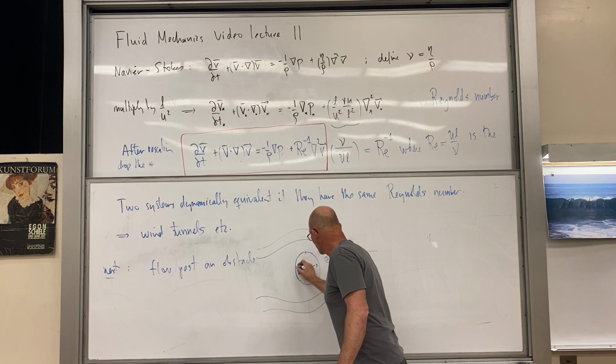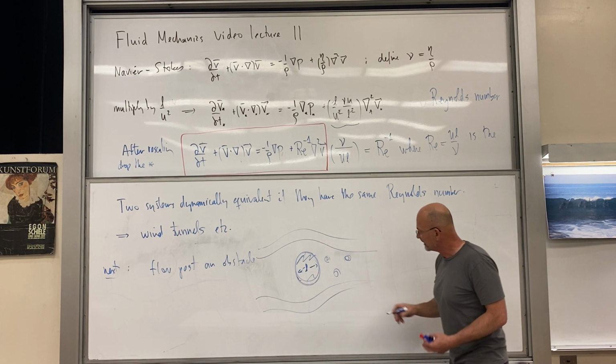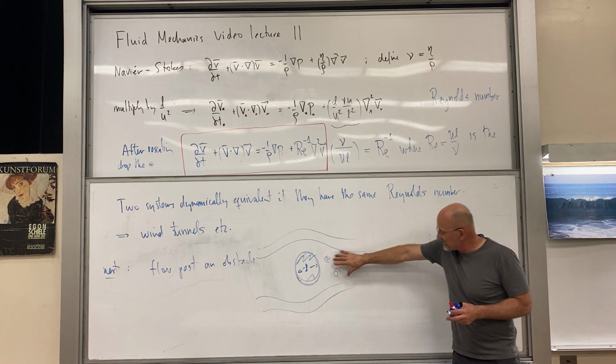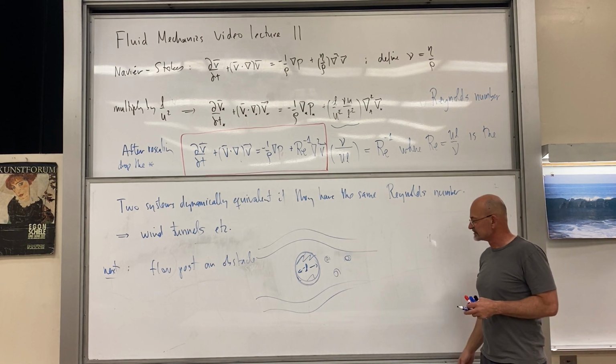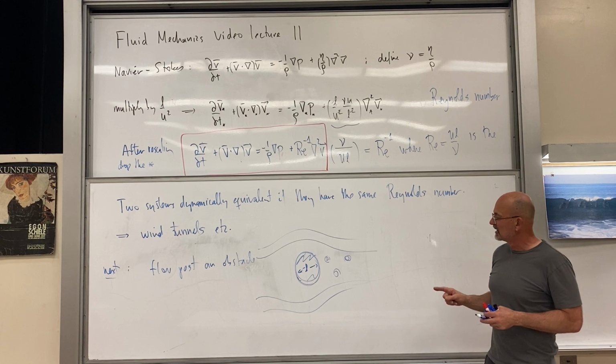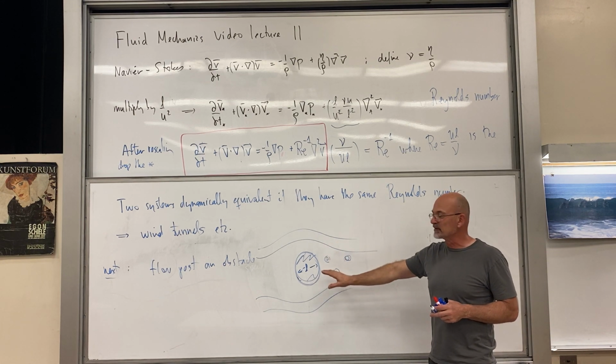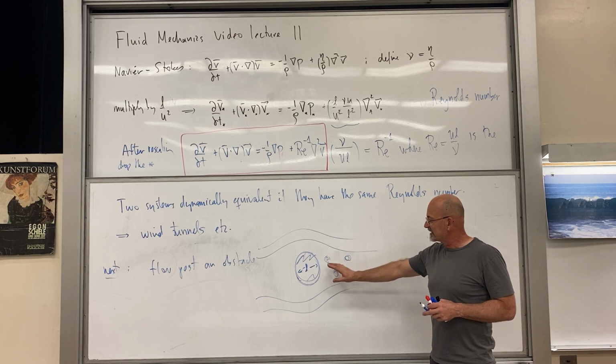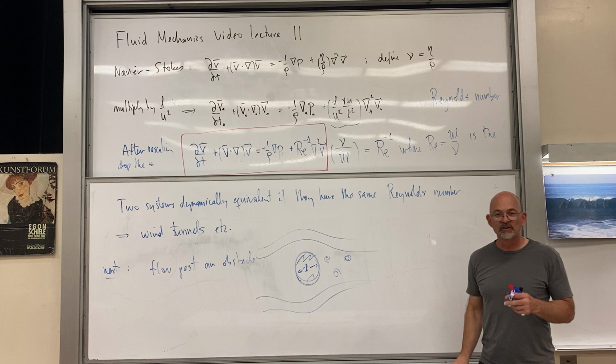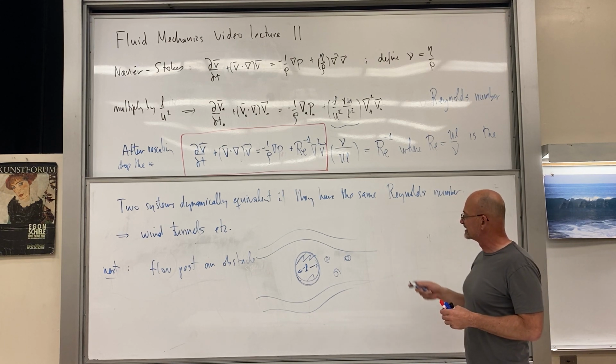So make sure this is the solid object. And these eddies will detach and flow downstream. This can be simulated numerically, so we know that the Navier-Stokes equations will deliver that, but we can't actually get an analytic solution to that, and that's an important problem.